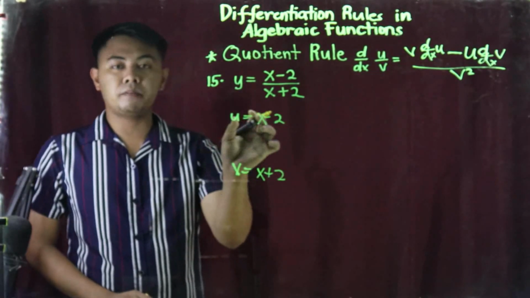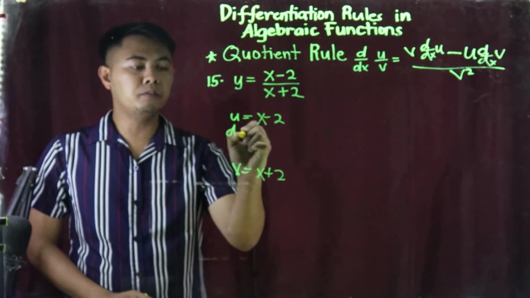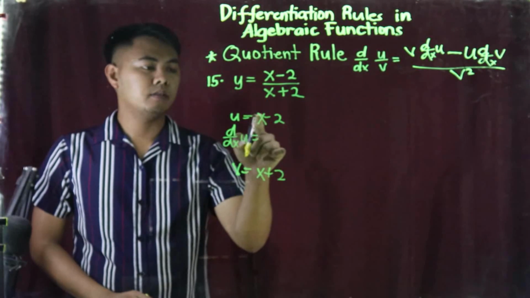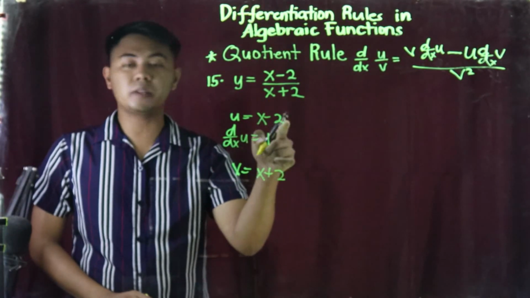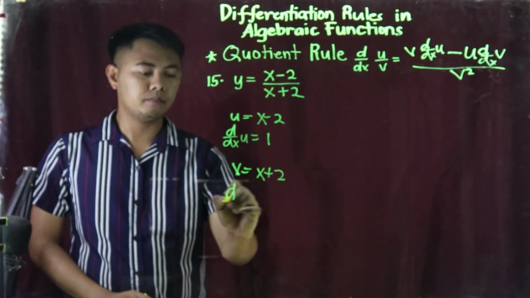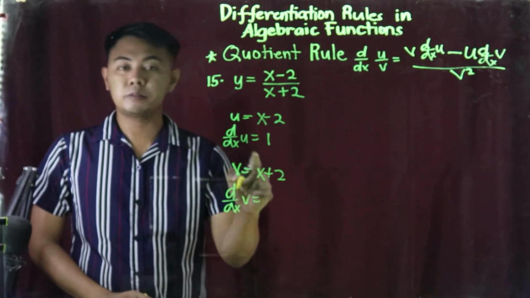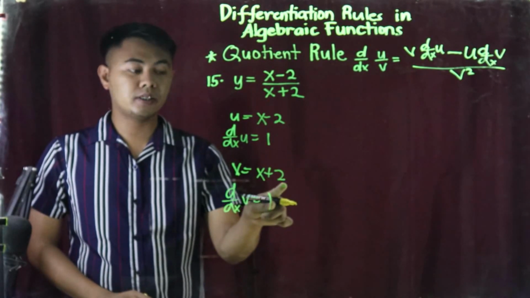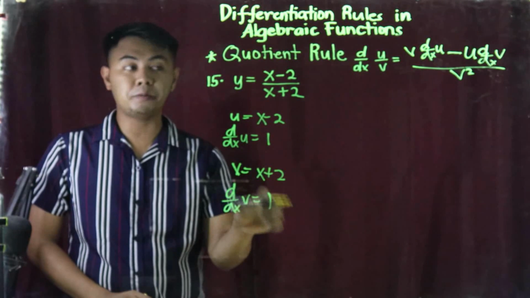Then find the derivatives. The derivative of u is 1. Derivative of x is 1, derivative of negative 2 is 0. The derivative of v is 1 also. Derivative of 2 is 0, derivative of x is 1.